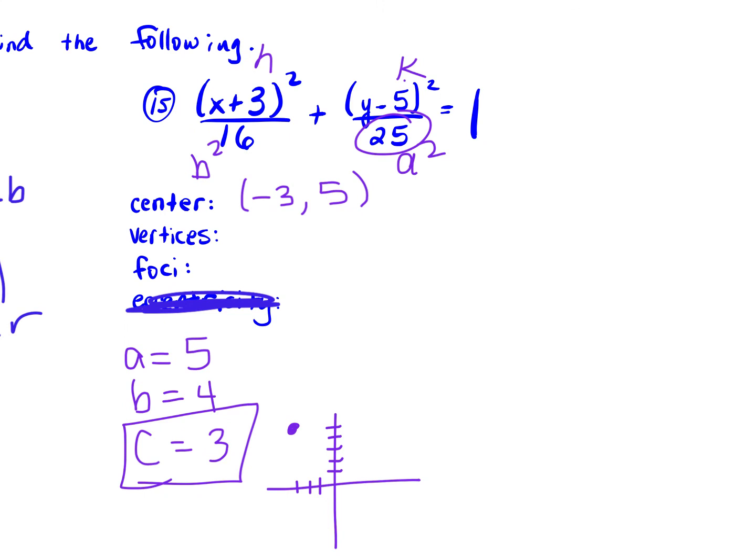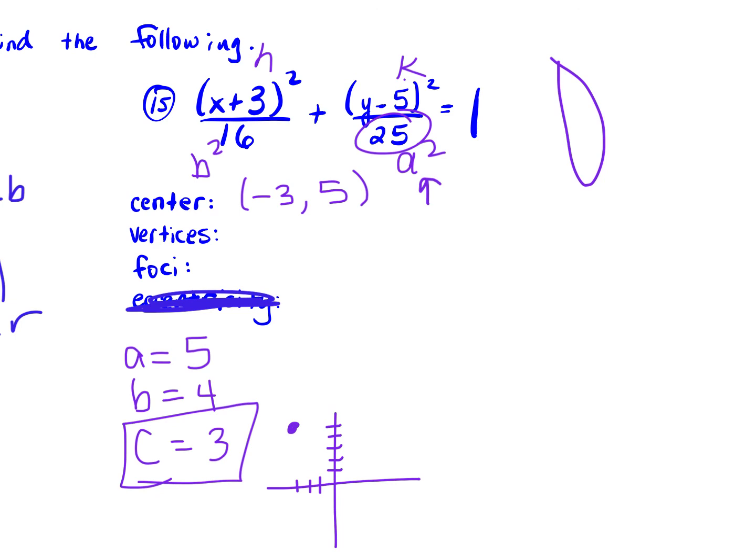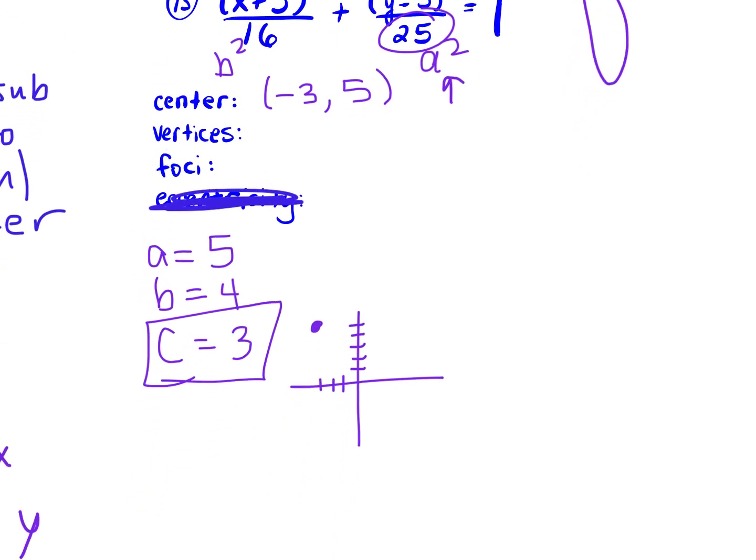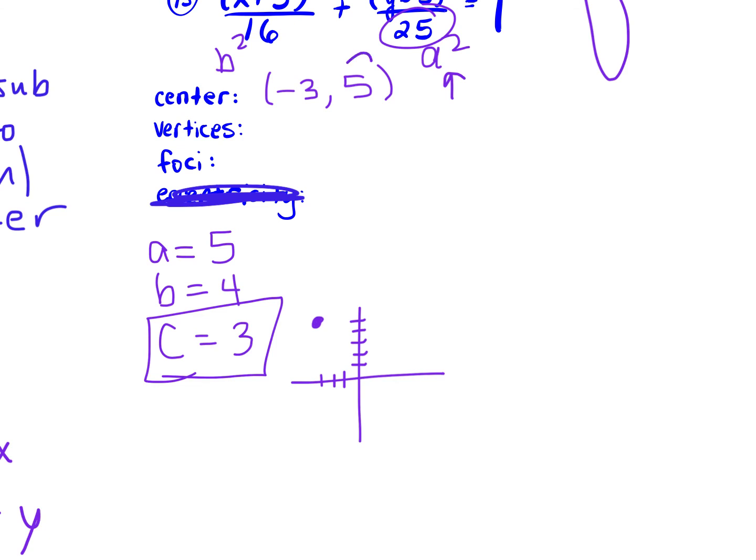Why is it up and down? How did I know to go up and down? Well, since the bigger number here, the denominator is with y, that means it's a vertical ellipse. That's really important to remember. So in the last problem, we added 3 to the x values. Well, now we're going to add 3 to the y values. So I'm going to add and subtract 3 to my y value here.